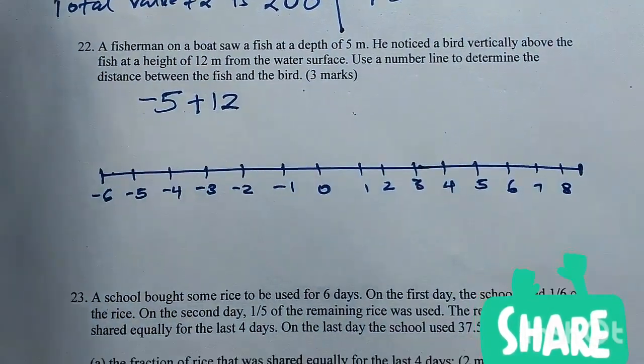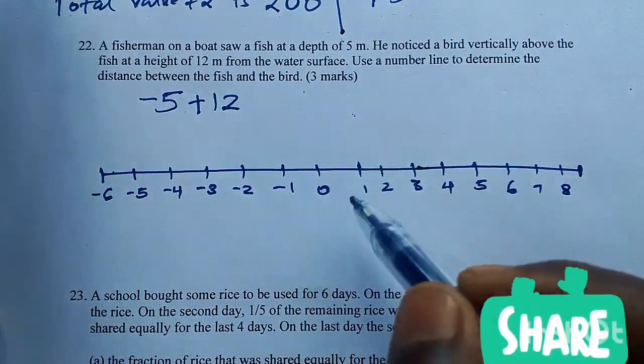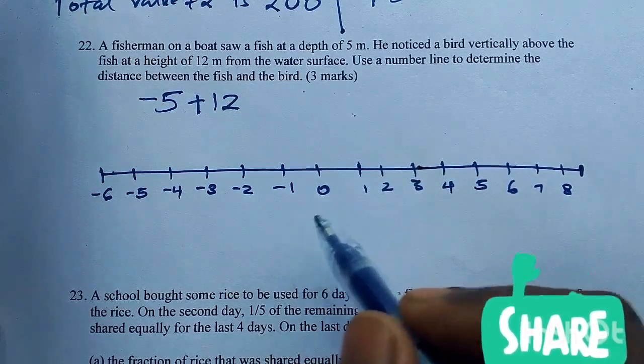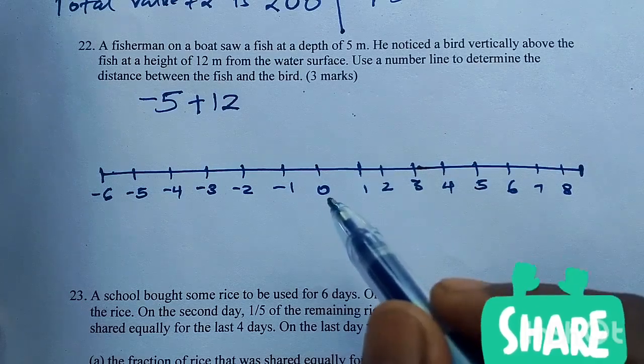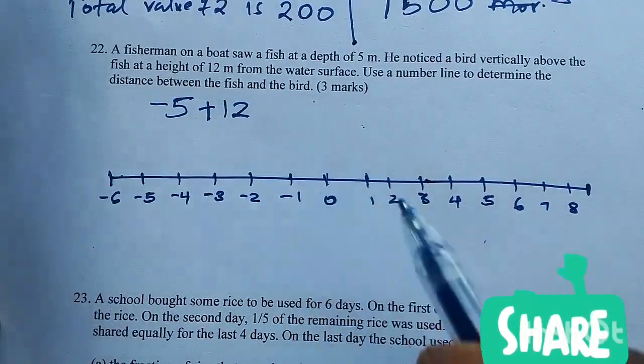So that is a number line. We assume that at the water level, because the surface of water separates the earth, the atmosphere, and the water, we take it to be 0.